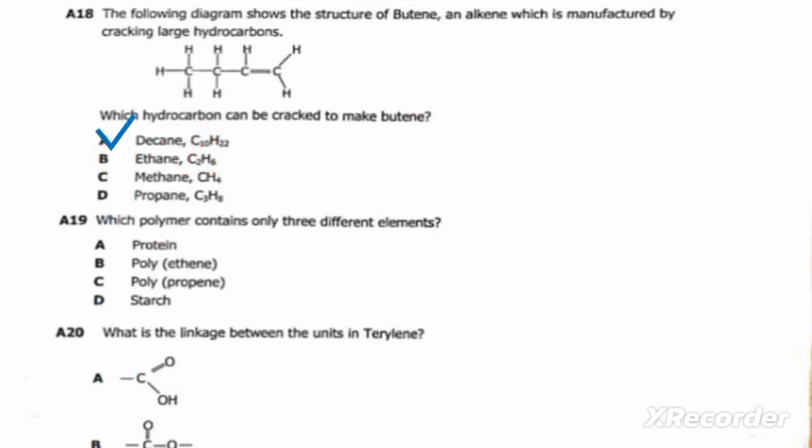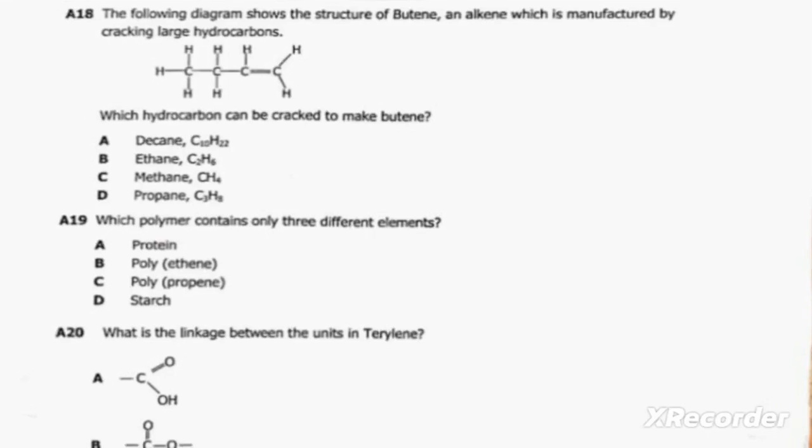We shift to the next question, which is question A19. Question A19, the question reads, which polymer contains only 3 different elements? A. Protein, B. Polyethylene, C. Polypropylene, D. Starch.